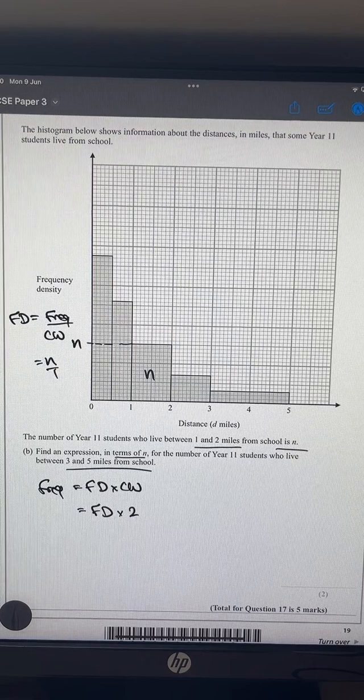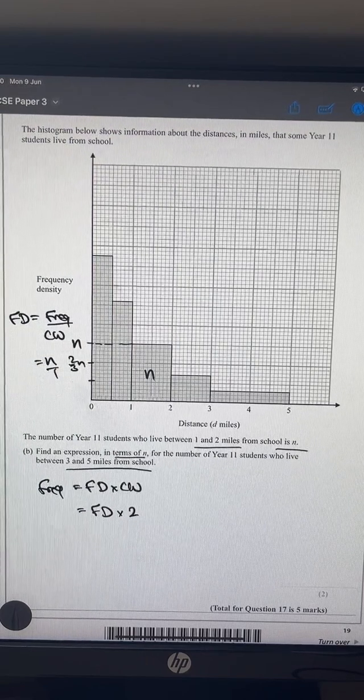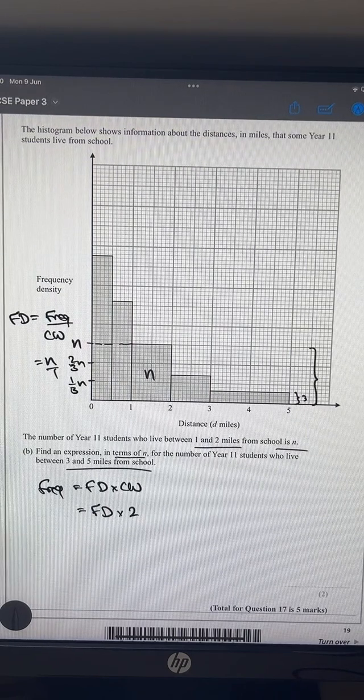Well, if that's n, this is going to be 2/3 n, and this is going to be 1/3 n, right? Because n is 3 boxes up. So let's say that I've got here 3 boxes, and all the way across, that is 15 boxes, that's equal to n.